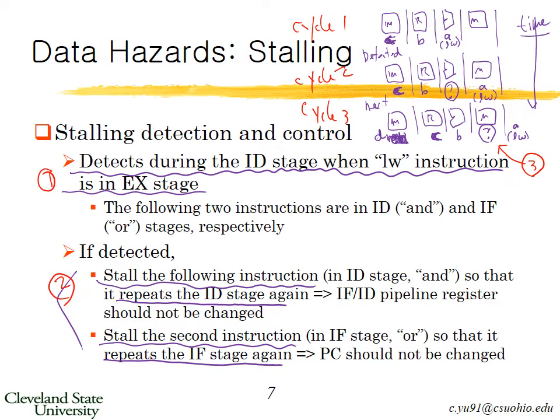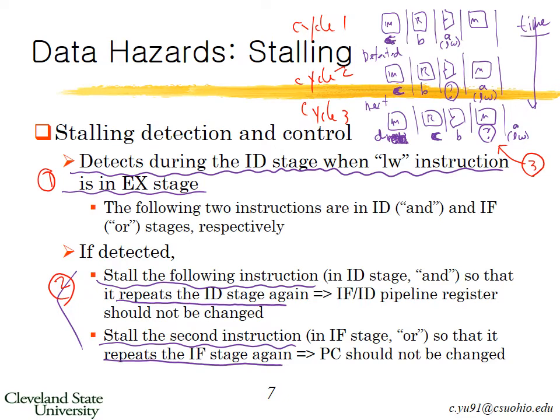What I'm trying to say is that, let us say in cycle number 1, the load word instruction is in the execution stage. I'm looking at the figure at the top right corner, and I denote it as instruction A, which is in fact the load word instruction, and instructions B and C are in the IF stage and ID stage respectively.